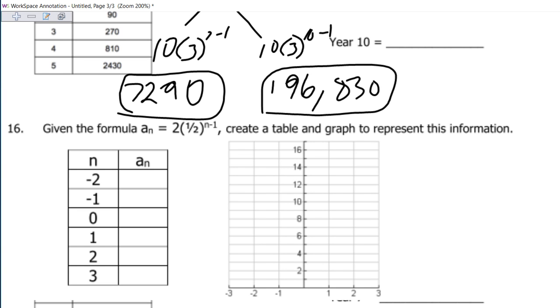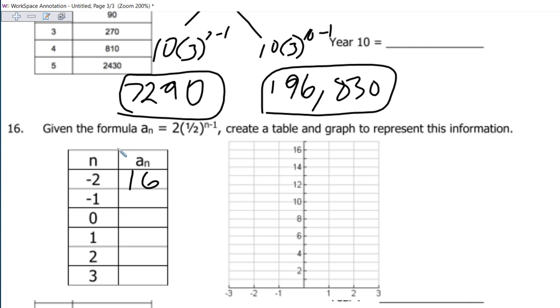1/2 raised to the -3 power is going to do something kind of funny. It's going to do something kind of screwy, so just go with it. It's going to become 8. 8 times 2 is 16. -1 minus 1 is -2.